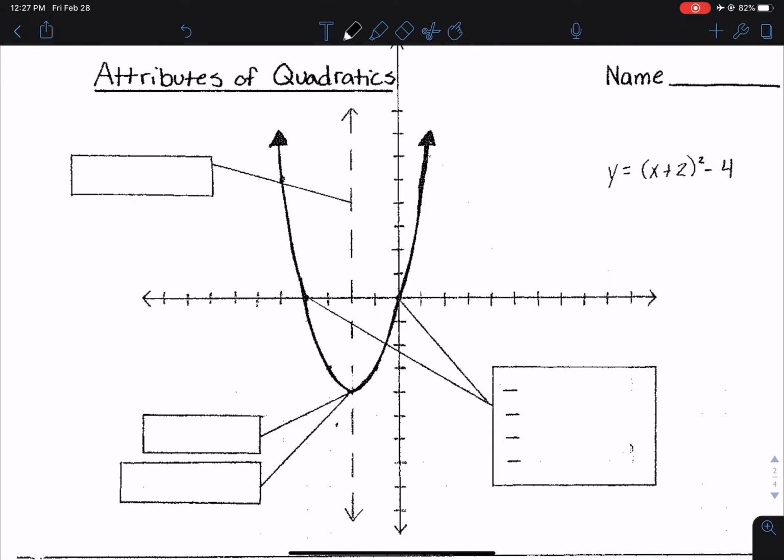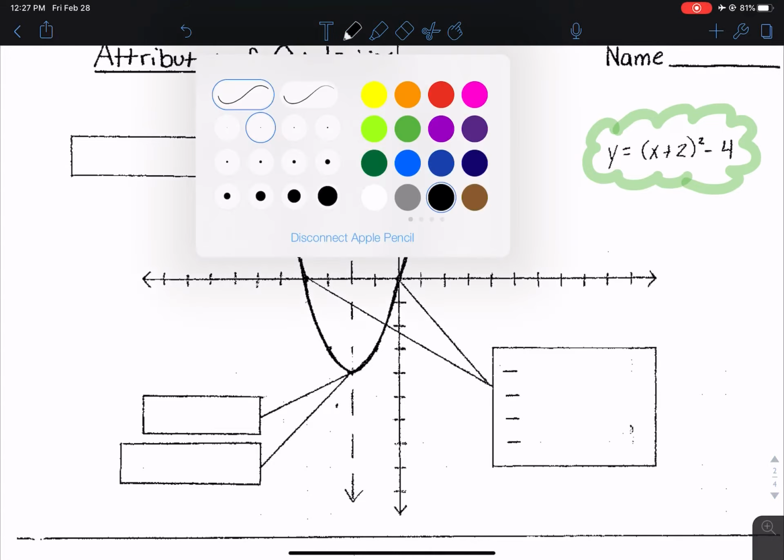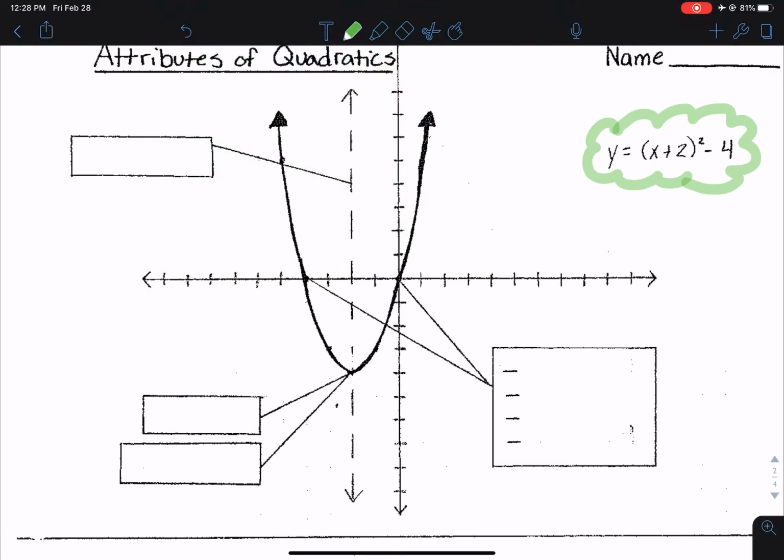So on the first example, my function is over here to the right, y equals (x plus 2) squared minus 4. So this function made this parabola right here. And we're going to talk about the different parts of this parabola that are specific to the parabola. So the main thing is a parabola has a point called a vertex.